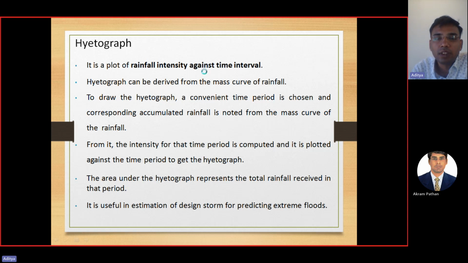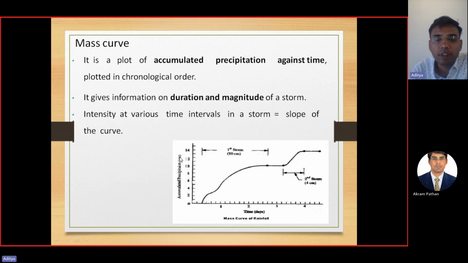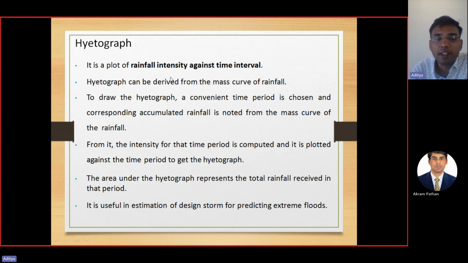Earlier it was accumulated rainfall versus time. The hyetograph is rainfall intensity, with unit mm per hour, likewise. It is the plot of rainfall intensity against time interval. The hyetograph can be derived from the mass curve of rainfall. To draw it, a convenient time period is chosen and the corresponding accumulated rainfall is noted from the mass curve.